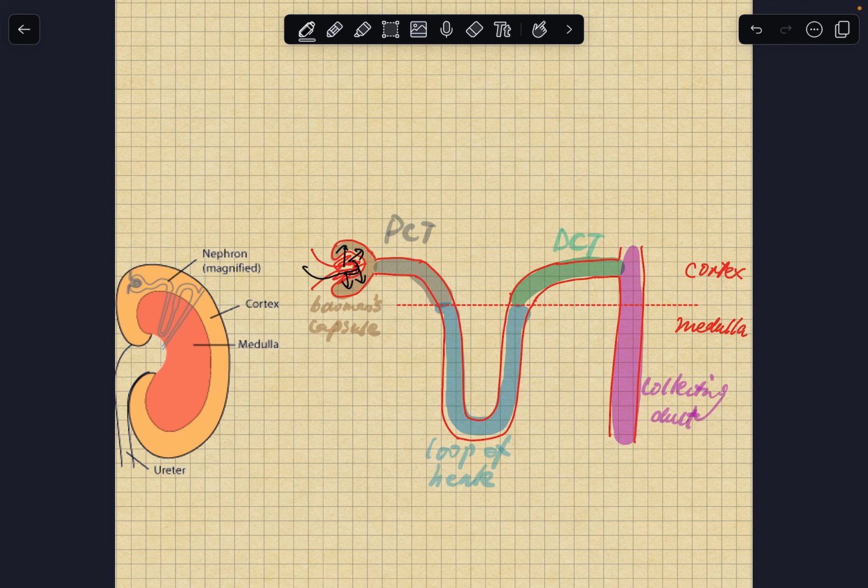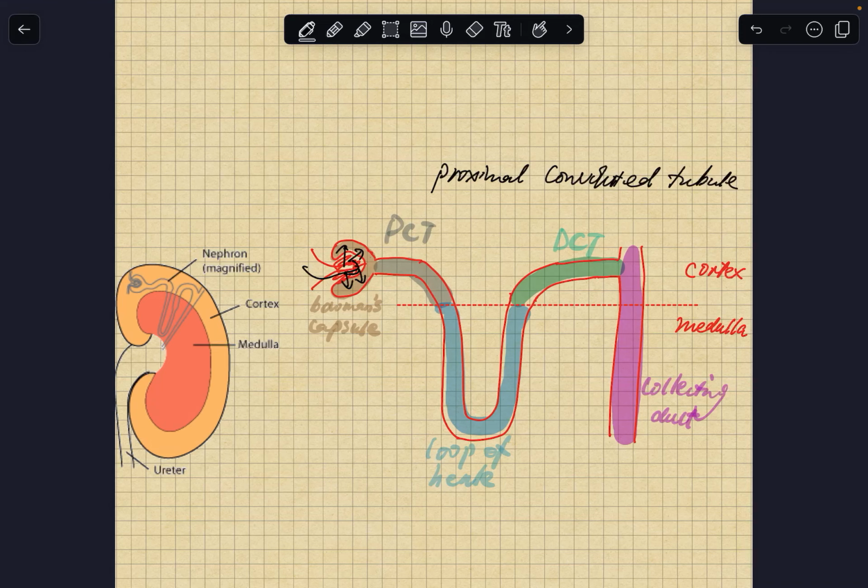So let's move on to the PCT structure. PCT is the proximal convoluted tubule, okay? So this is the first structure where reabsorption starts, okay?